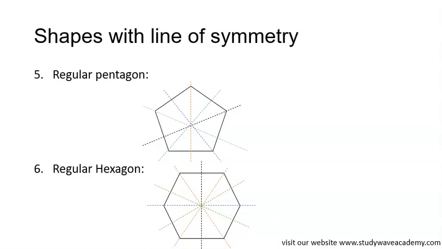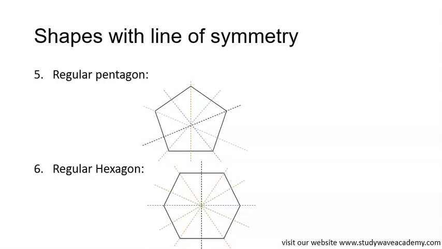So when you divide these shapes with the symmetry line, they have equal parts. They have identical pieces, okay? So the line used for dividing the shape is called the symmetry line, the line of symmetry, okay?